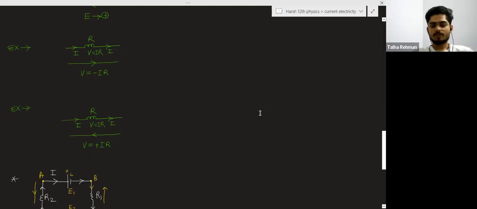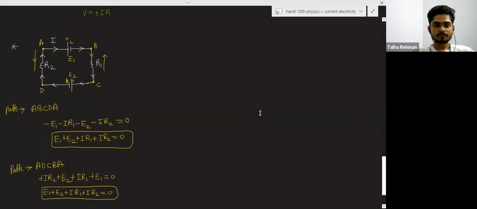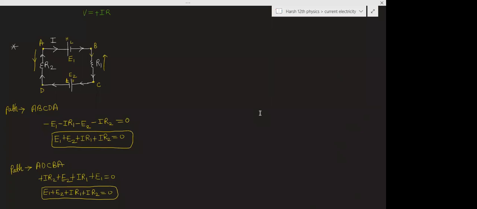So you can choose any path depending upon you, and you will get the same answer.